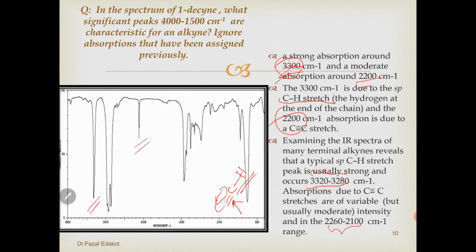If it comes in between 2260 and 2100, there is one possibility that it is due to a C≡C triple bond. So the take home, you got two values. One is 3300, which is due to the sp C-H bond stretching frequency, and 2200, which is due to the C≡C triple bond stretching frequency.